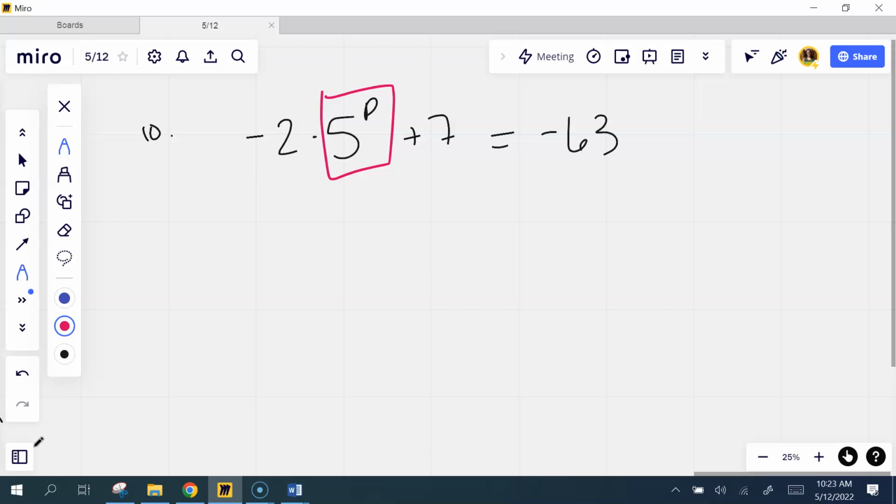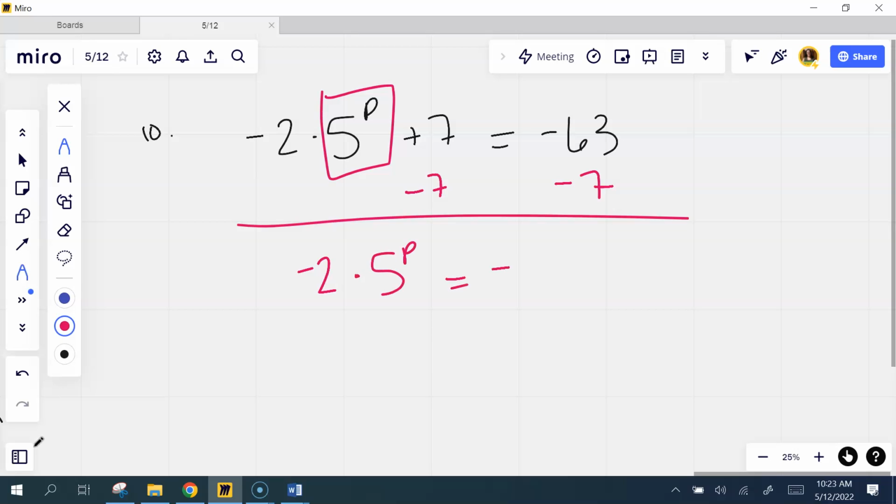But you got to remember the order that we solve in. So what should I do first? That's right. Subtract that 7, right? Move that 7 because remember when I'm solving, I'm going STADMAP instead of PEMDAS. So I'm going to subtract the 7. So I have negative 2. Now what can I do? Divide by negative 2.